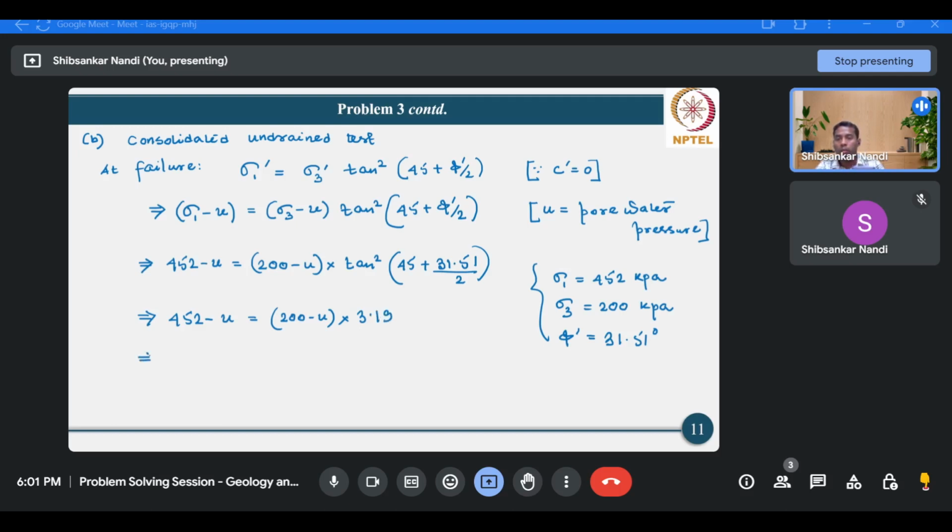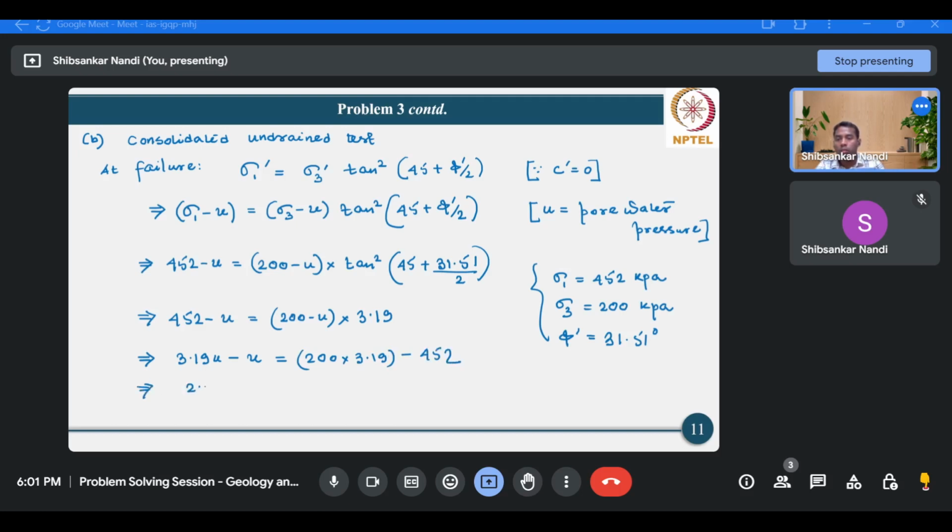So therefore 3.19 times 200 minus u... we are just rearranging this equation.